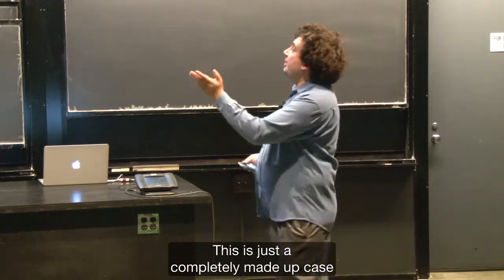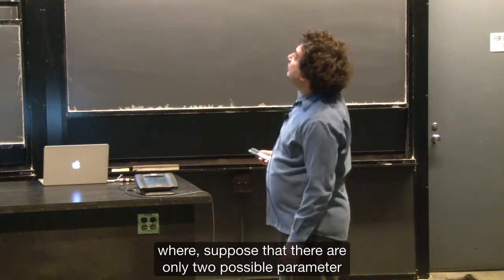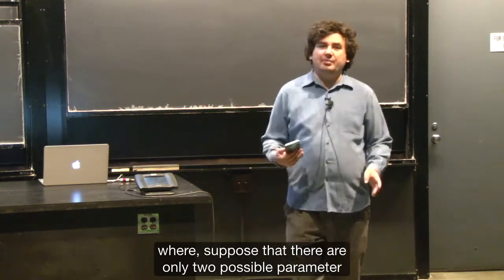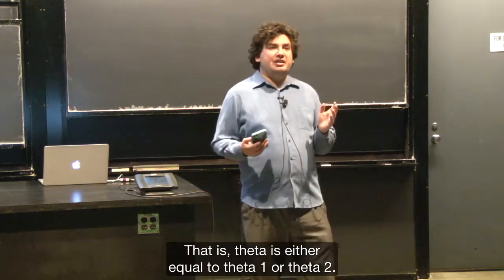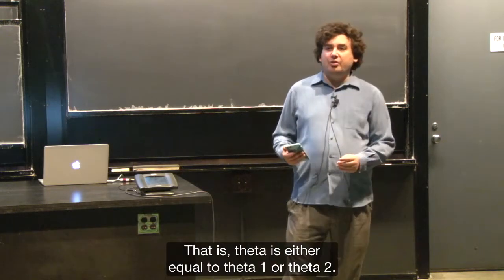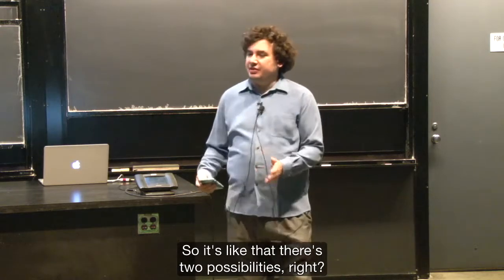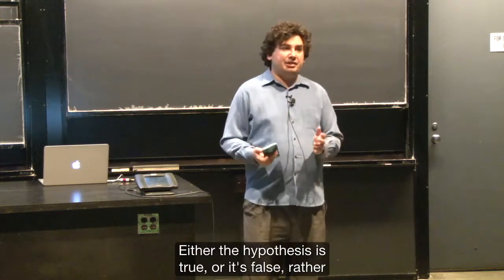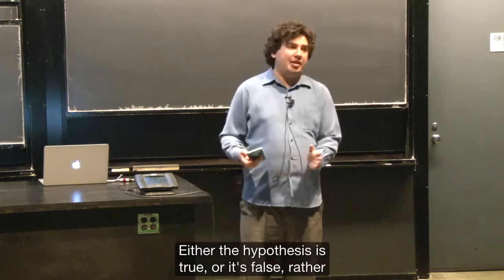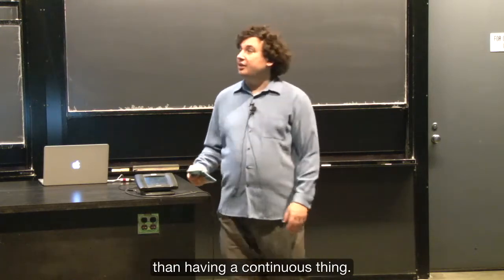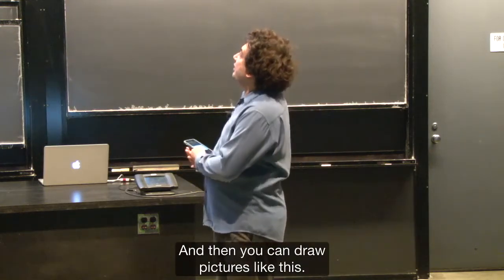This is a completely made up case where suppose there are only two possible parameter values. That is, theta is either equal to theta 1 or theta 2. So there are two possibilities, like the hypothesis is either true or false, rather than having a continuous thing. Then you can draw pictures like this.